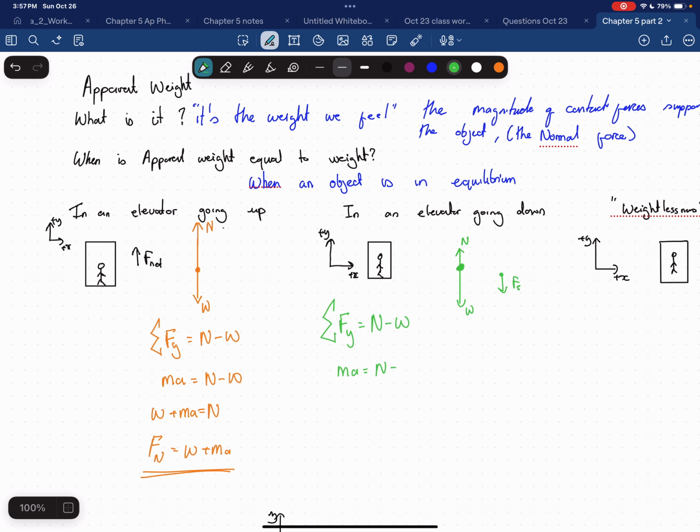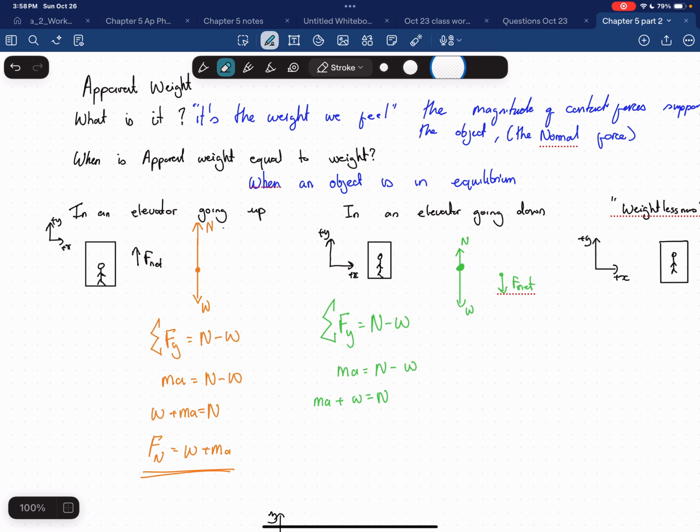So ma, then I take my weight across. Which direction is my acceleration?